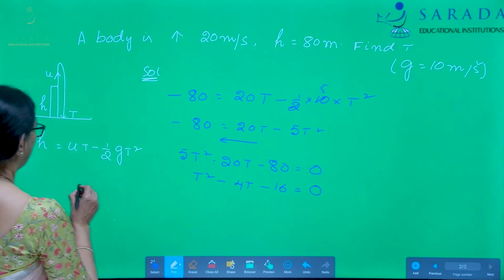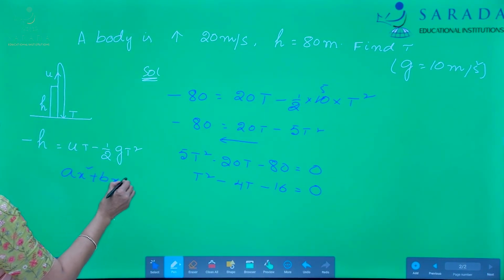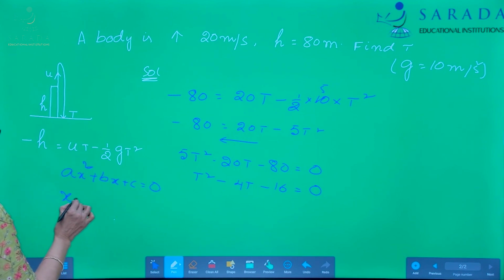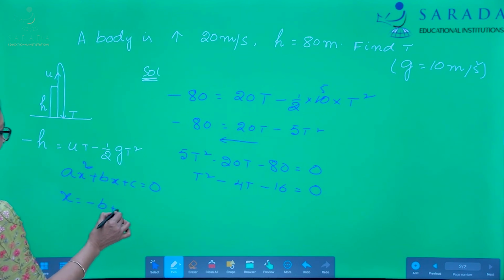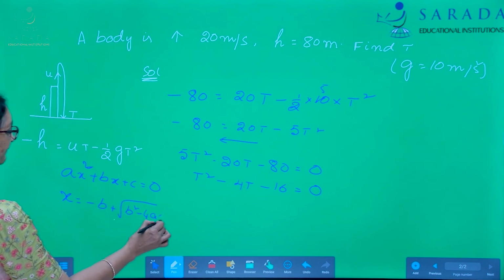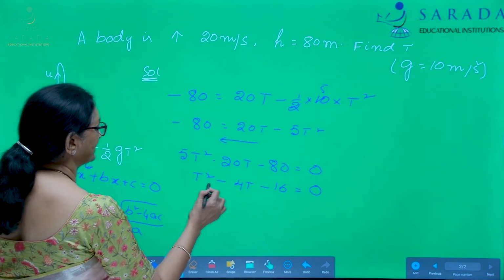Suppose ax square plus bx plus c is equal to 0 is the quadratic equation in terms of x, then its solution is minus b plus or minus root of b square minus 4ac, divided by 2a. Here the time cannot be taken as negative.